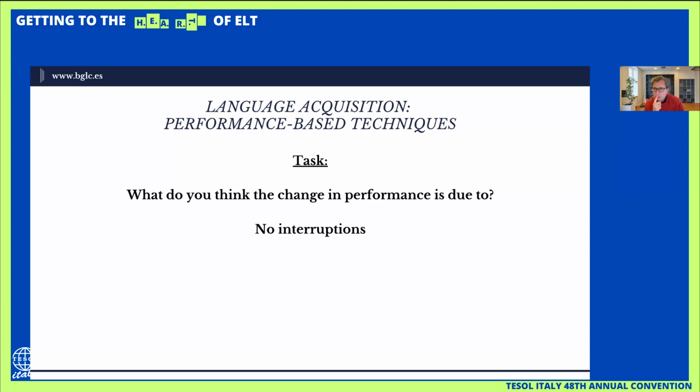No interruptions. This is really interesting because I've spent 20 years watching teachers interrupt their learners, especially at lower levels. Interruptions at higher levels are perfectly acceptable because advanced learners can deal with it. At lower levels, interrupting the learner because they're not getting it right isn't going to help them.